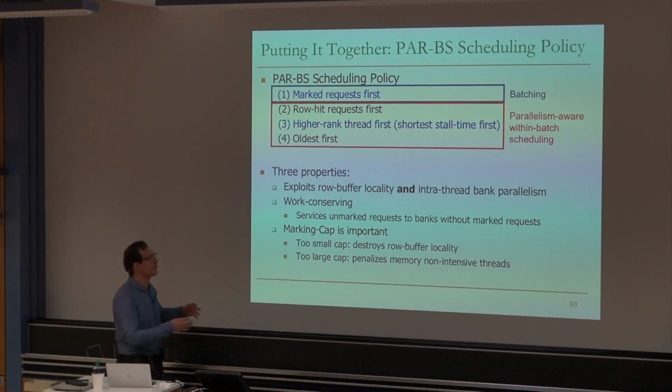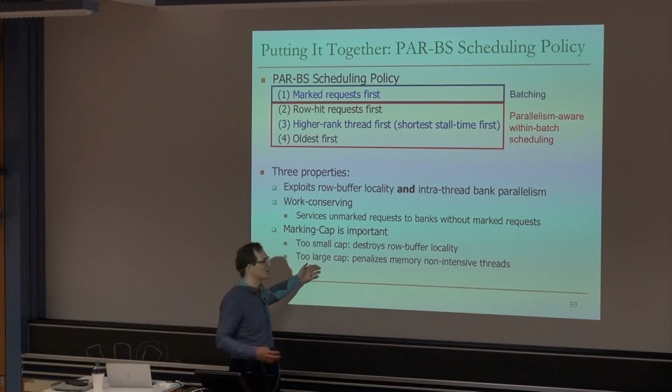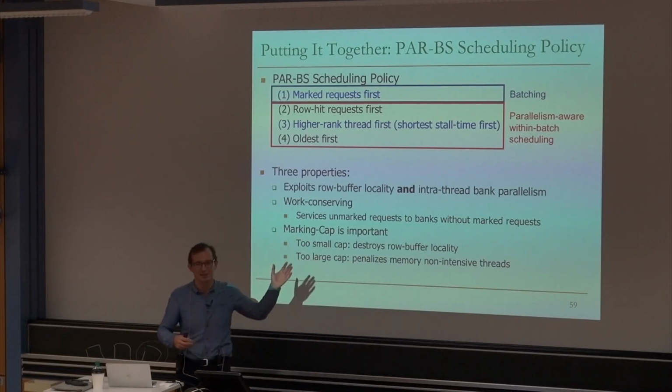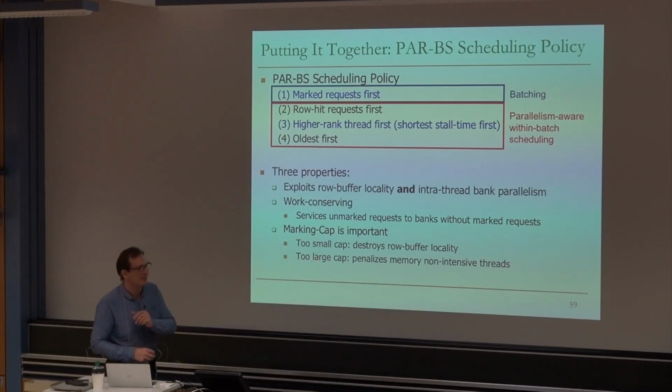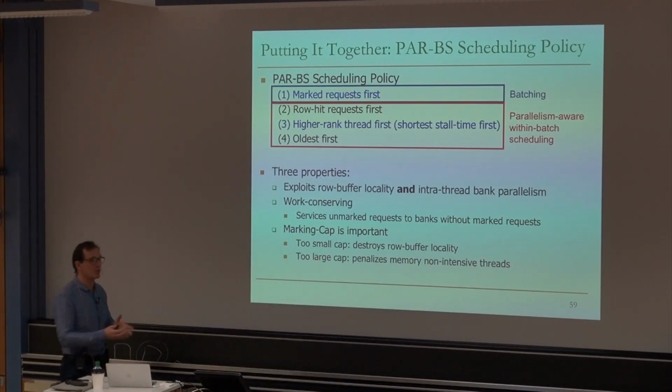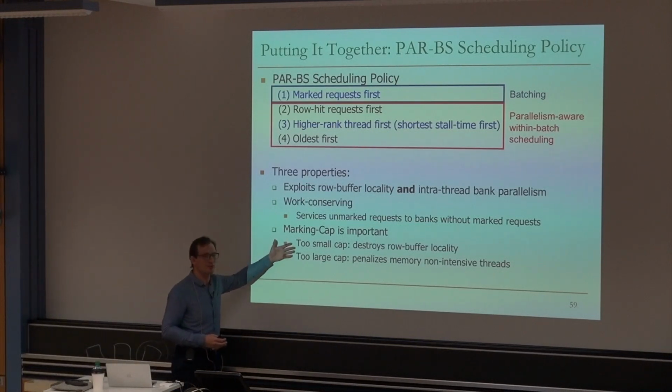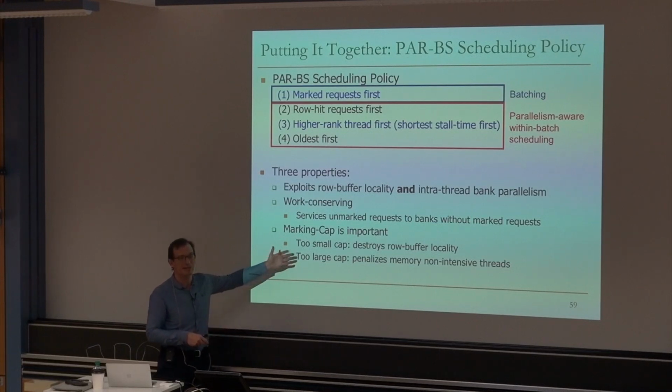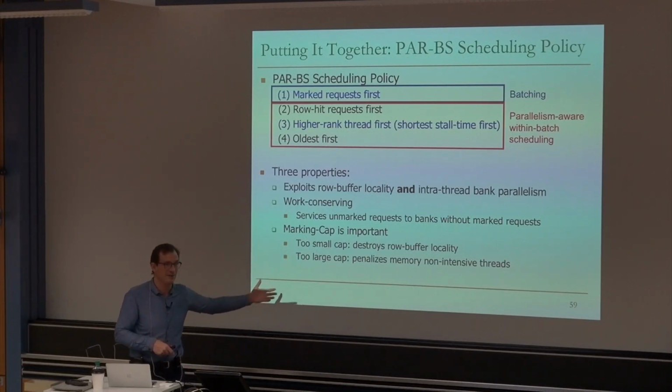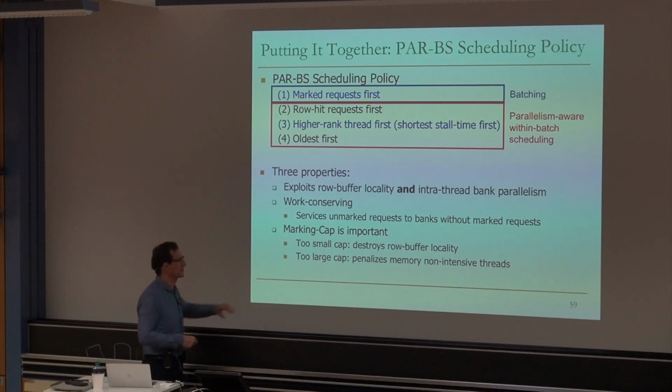So here you form the ranking, and your ranking doesn't change, and your batch doesn't change until the batch gets drained. So you either form small batches, which destroys your row buffer locality and parallelism exploitation, not good, or you form large batches and that destroys the performance for memory non-intensive threads, and that has an effect on overall performance and fairness as well.